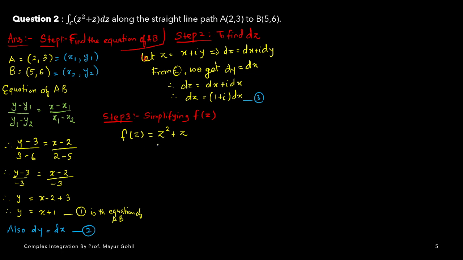The moment we put z equals x plus iy, we are now in a position to simplify it further. We can now write it as (x plus i times y) the whole squared plus x plus iy. Now y has already become x plus 1, so we'll write it as (x plus i(x plus 1)) the whole squared plus x plus i times (x plus 1).